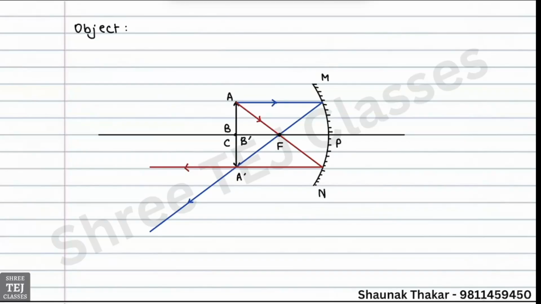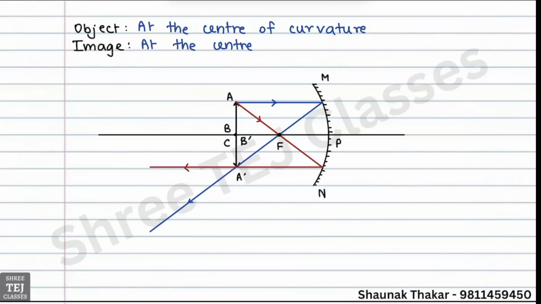Object is placed at the center of curvature. Image is also at the center of curvature. What is the nature of the image? We can clearly see that image is formed in front of the mirror.